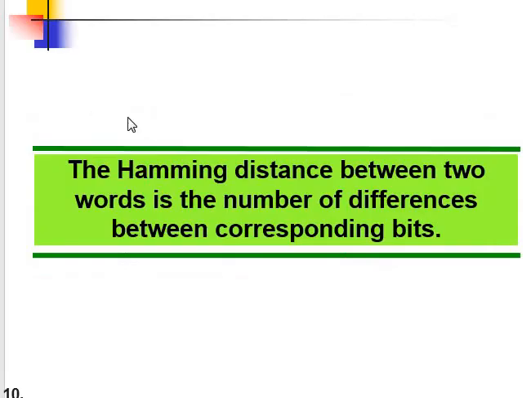There is a technique called Hamming distance, which gives the number of differences found between the sender's and receiver's information. For example, the sender has sent 1001 and the receiver has got 1011. So there is one difference between these two pieces of information. How do we find this difference between the corresponding bits? We have an example.